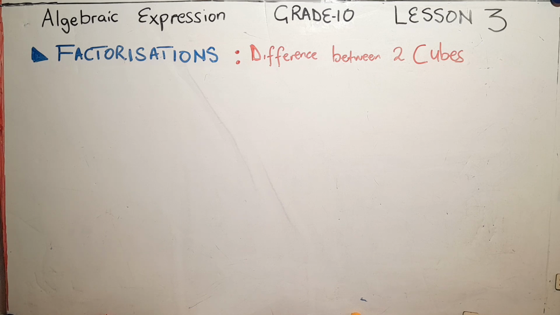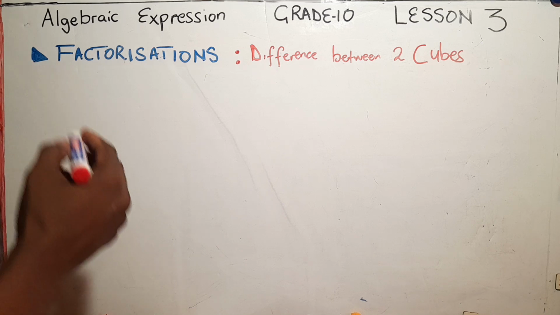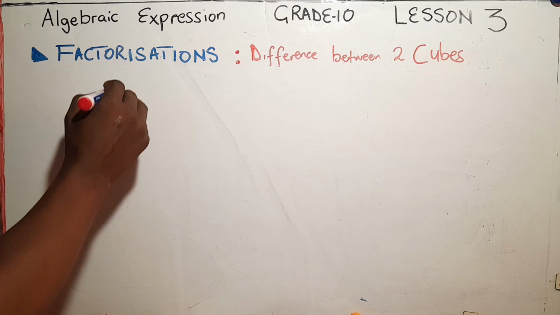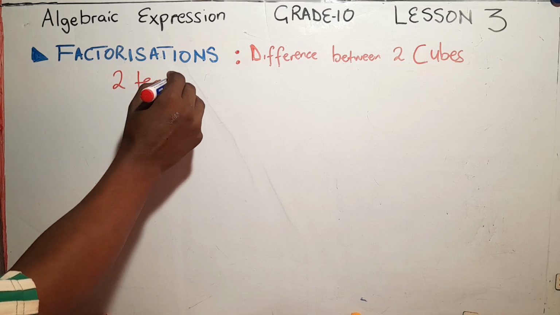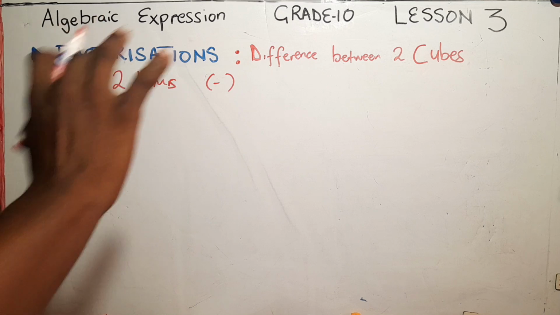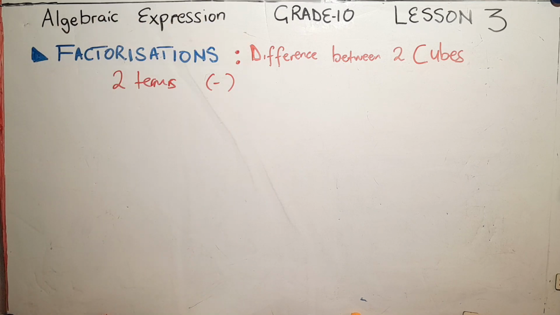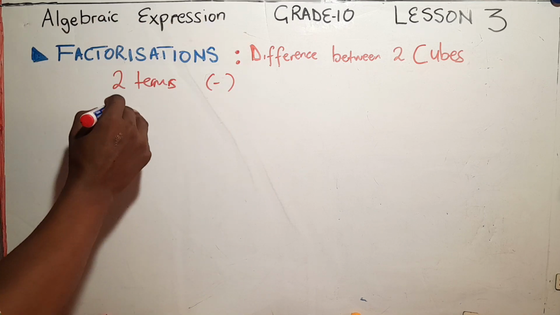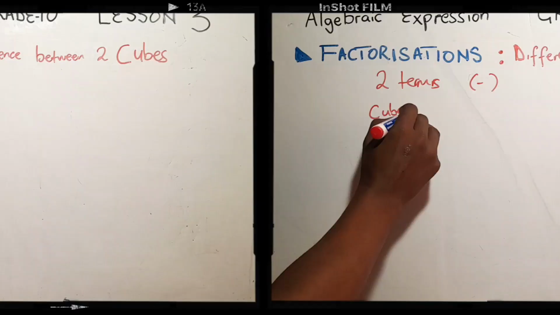Just like the difference between two squares, we can notice the difference between two cubes by having two terms separated by a negative sign. And also we can notice this by those terms having cubes.